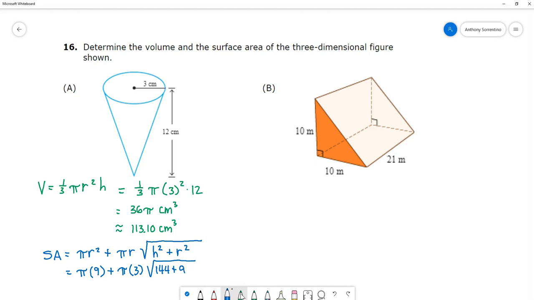And 144 plus 9 does not come out to be a nice perfect square, so I'm going to have a lot of irrational numbers. I can't even simplify it in terms of pi, really. So I'm just going to approximate it at this point, and that would end up being about 144.85 square centimeters.